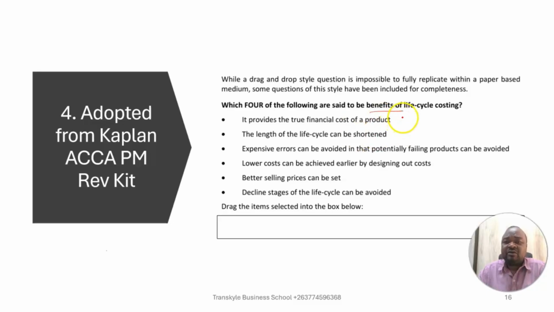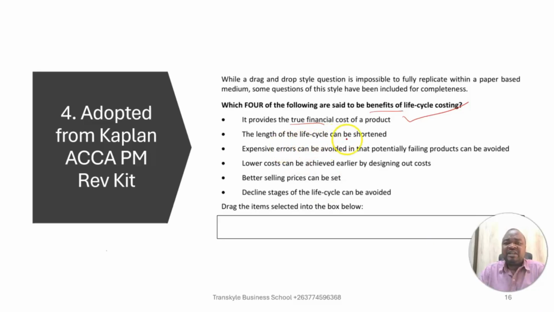Yes, this one is one of the correct options, because in life cycle costing, we want every detail of the cost of the product from the initial stage to the last stage, from research and development to when the product is phased out, or to the decommissioning or end of life cost. Everything will be considered. So it gives some more assurance on the financial cost of the product.